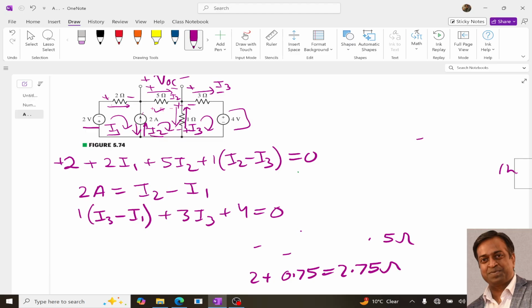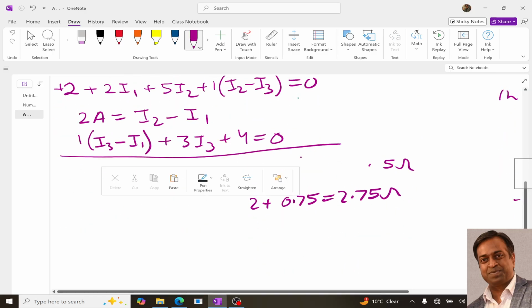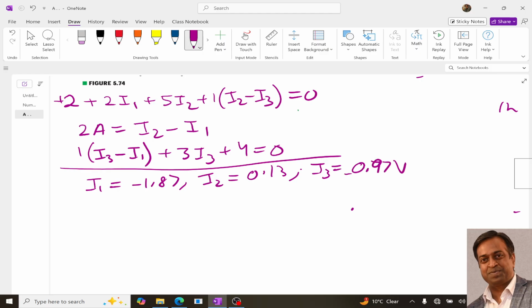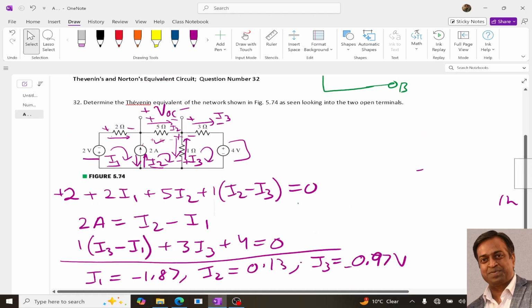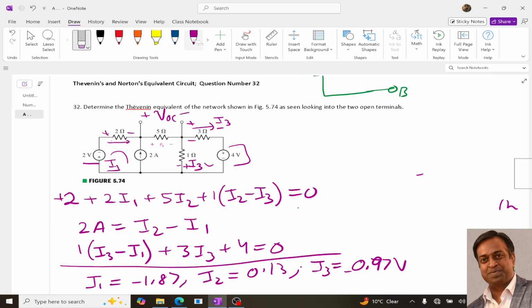Now if you solve and simplify these three equations, you will get I1 as minus 1.87, I2 as 0.13, and I3 as minus 0.97. Now coming back to this circuit, this is the I2 current.